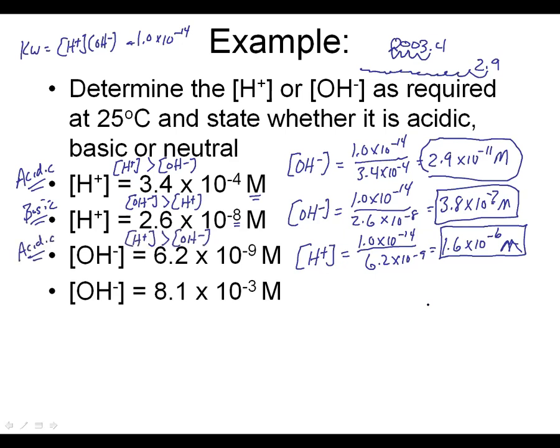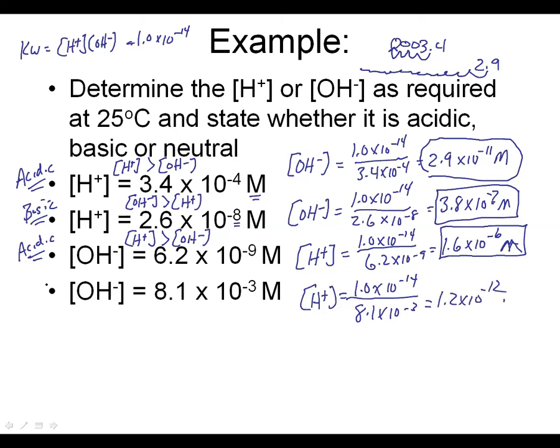And lastly here, again, same calculation, H plus is 1 times 10 to the minus 14 divided by 8.1 times 10 to the minus 3. Going to give us 1.2 to the minus 12. Again, molar because it's a concentration.